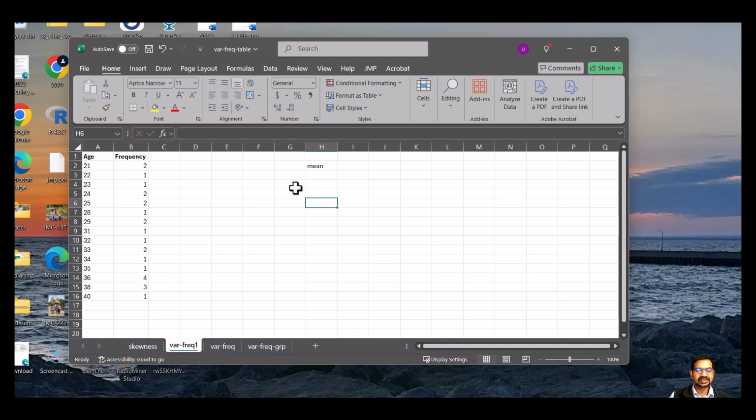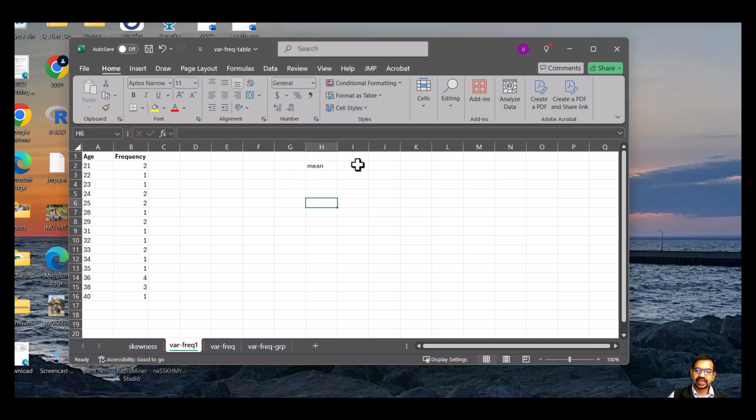So this is essentially like the weighted mean. It's a way to find the mean where we're doing fi, the frequency of each cell, times xi, the observation corresponding to that cell. And we're summing it and then dividing it by the summation of fi or n.